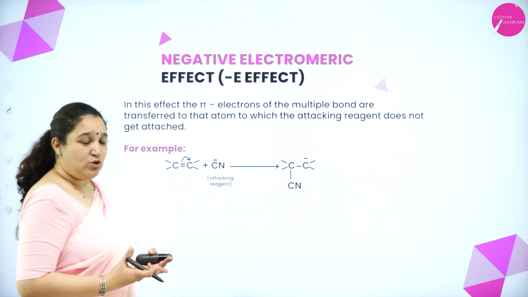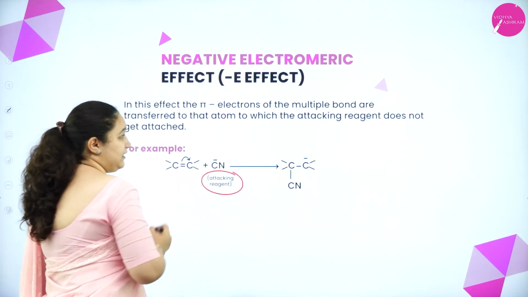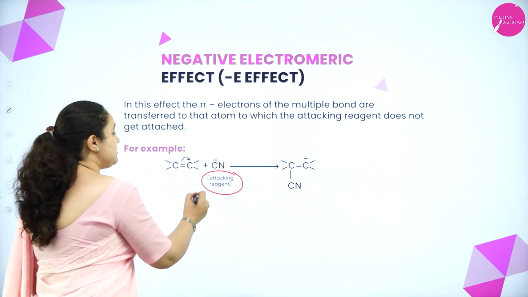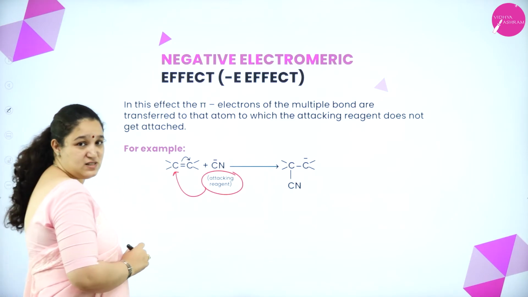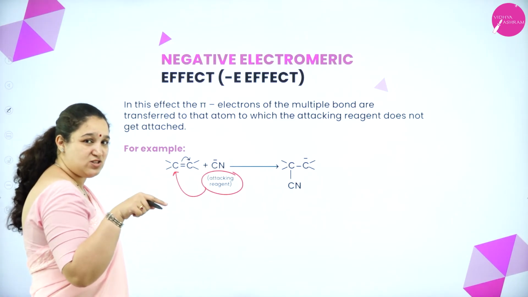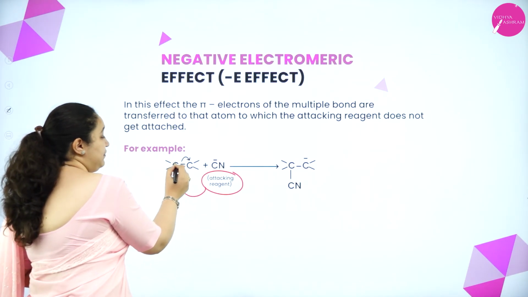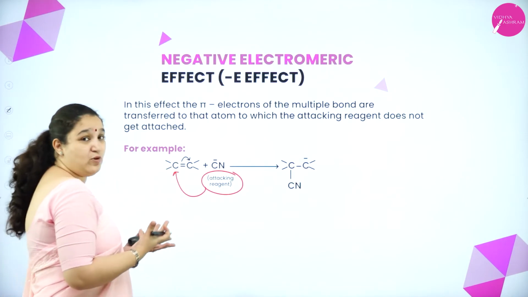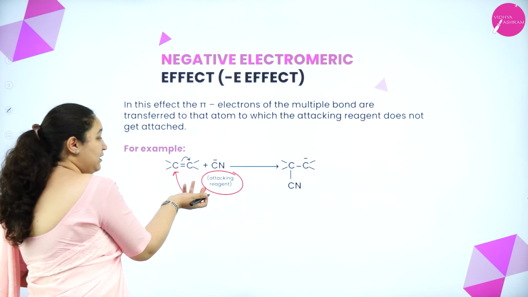Next one is the negative electromeric effect. In negative electromeric effect, the attacking reagent is negatively charged. Now this comes and attacks one of the carbon atoms. For example, if cyanide is attacking this carbon atom, it has one extra electron, so it will form a bond with carbon. Now this carbon cannot form 5 bonds, isn't it? 1, 2, 3, 4, one more and it will be the 5th bond.